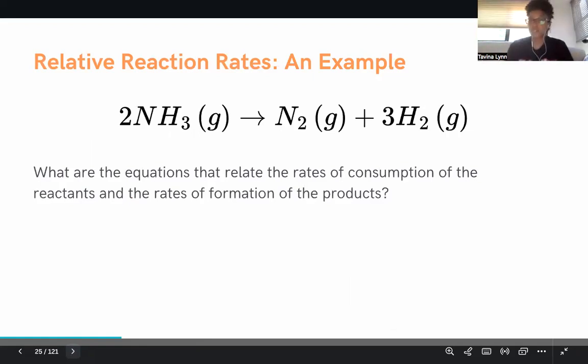So pause this video and write those three rates, right? Because we have one reactant that's consumed and it forms two products, and we can write our rates of reaction relative to each reactant and each product that's formed.